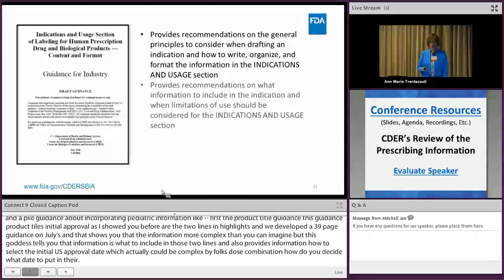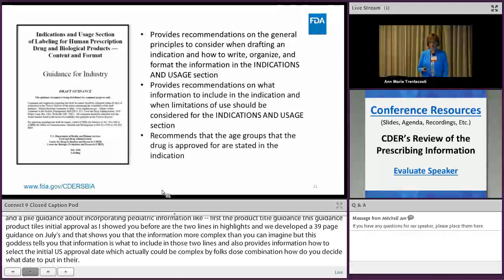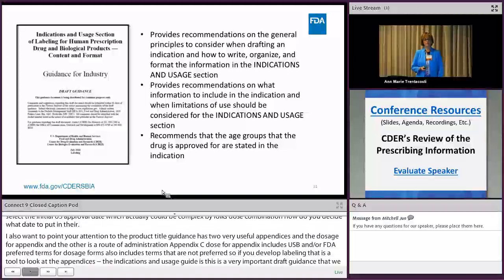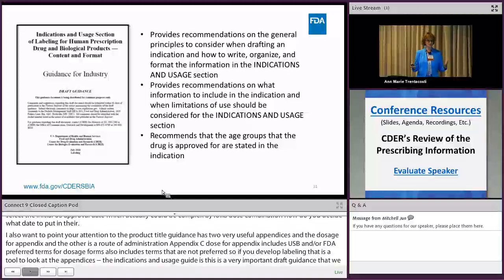The indications and usage guidance, this is a very important draft guidance that we published recently. This provides recommendations on how to develop the indications and usage section of labeling, when it may be appropriate to expand the indicated population based on the clinical studies, or when it may be appropriate to narrow the indicated population.